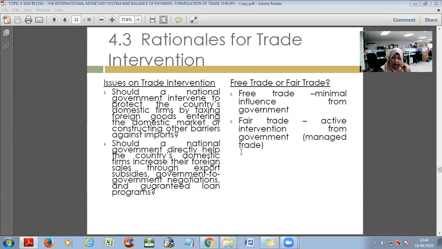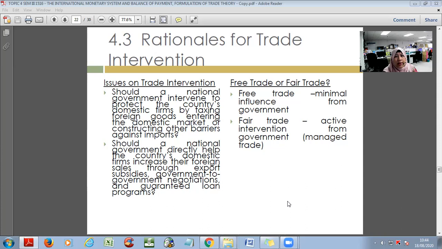So we have free trade versus fair trade. Free trade means minimal influence from the government, meaning very little interference from the government.